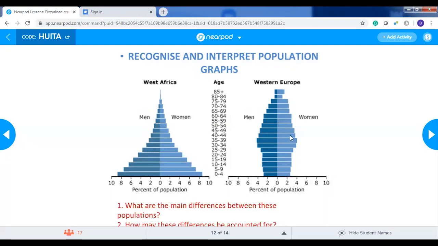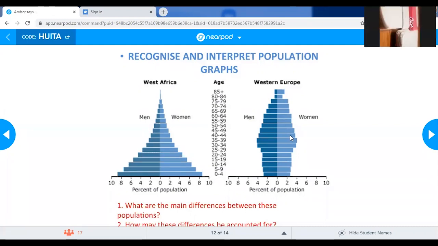There is more population in West Africa. In which age group? The population in West Africa is younger. Yes, it is younger. Why do you say it is younger? Because they have more individuals in this age group.